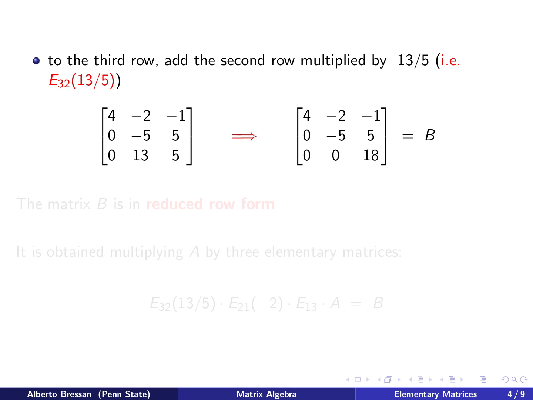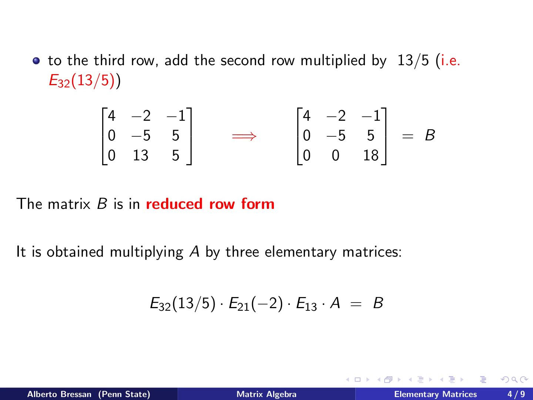So the elementary matrix we used here would be E3,2(13/5): on the third row, we add the second row multiplied with 13/5. Then let's call this matrix B. And we see that now it's all 0 down here in this triangle part, and then easily we can verify this B is in reduced row form.